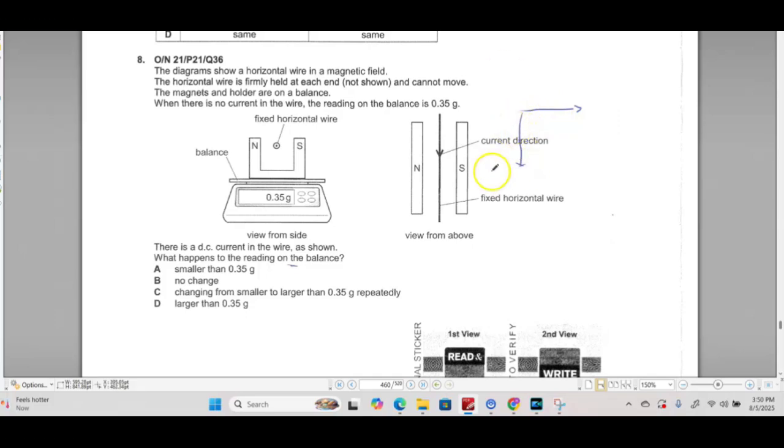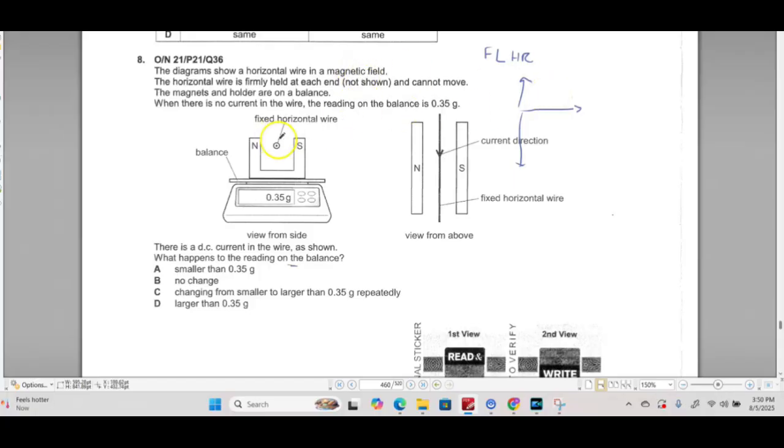The second finger is going to point towards us when we are using Fleming's left hand rule, because there isn't a mention of induced current over here. So we are using Fleming's left hand rule. So the thumb is going to point towards the top, towards the upper end.